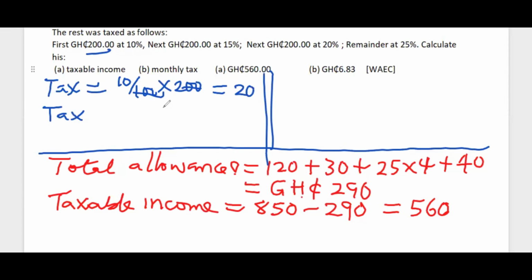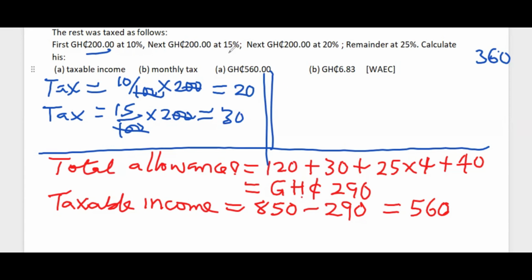Don't forget that by the time you subtract 200 from this 560, you are left with 360. Since this 360 is still big enough, we can get the next 200 to tax, but at 15%. So that is 15% of the next 200, since 200 can still be pulled out of that amount. These zeros cancel out, 2 times 15 is 30 Ghana cedis.